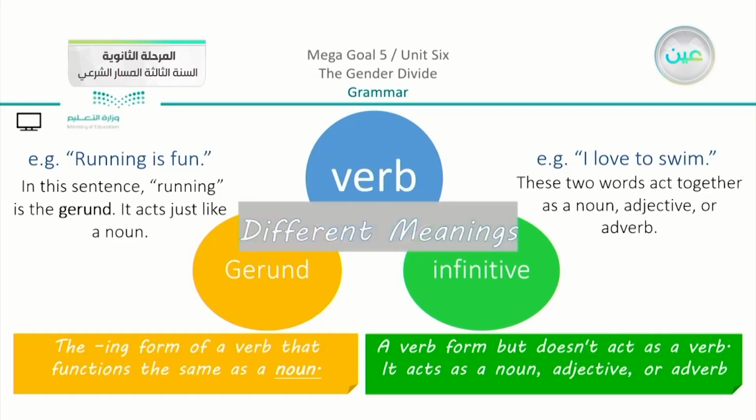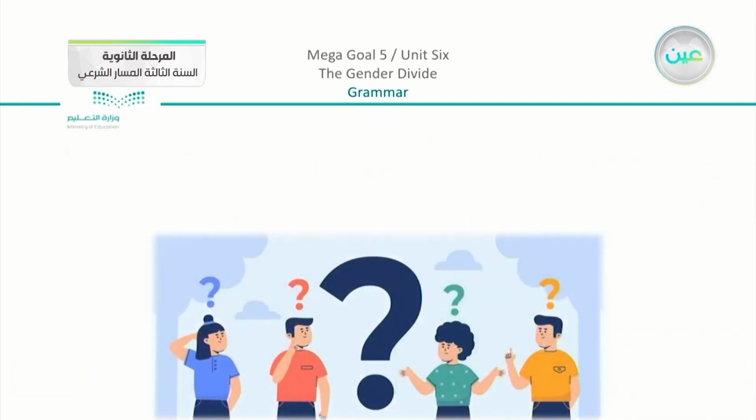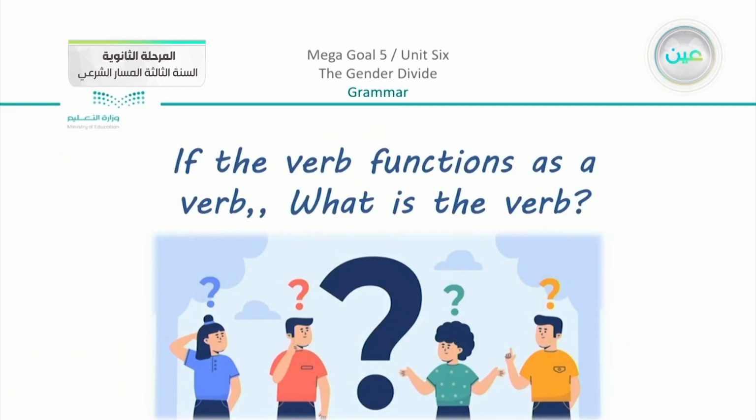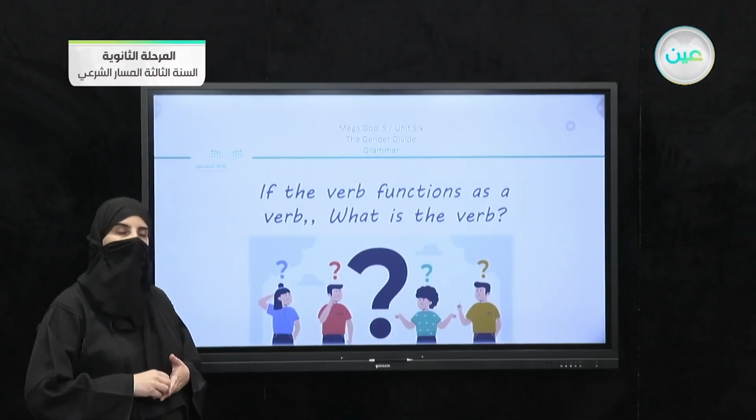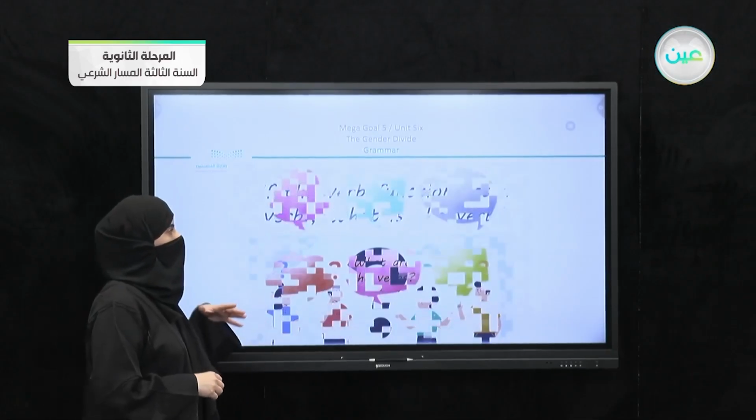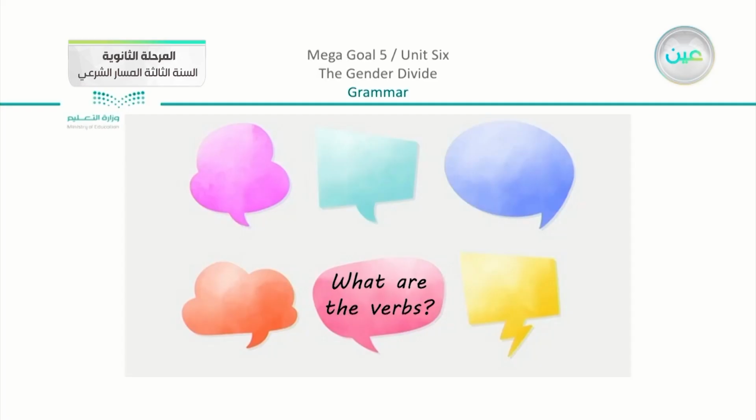Now, we have the two types, which are the gerund and the infinitive. We are going to see the different meanings that each one implies. If the verb functions as a verb, what is the verb in the sentence? Where is the verb? So we are going to see 5 verbs.